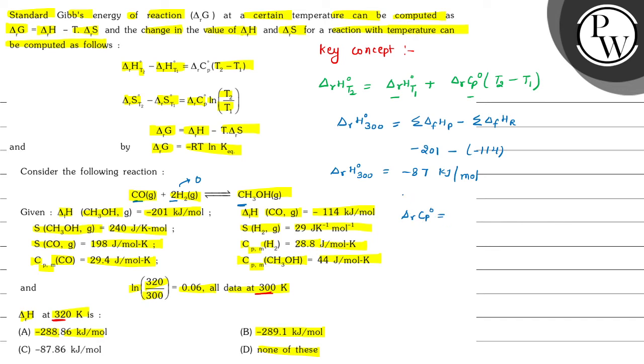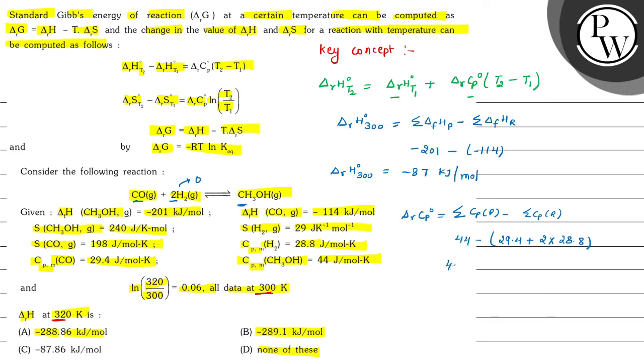Now we can calculate ΔCp naught, that is the change in molar heat capacity at constant pressure for this reaction. It is equal to the summation of Cp at the product side minus the summation of Cp at the reactant side. At the product side CH3OH is present with value 44, minus at the reactant side CO and 2H2: for CO the value is 29.4, and for H2 it is 2 multiplied by 28.8, since 2 moles are present. These data are in joules.